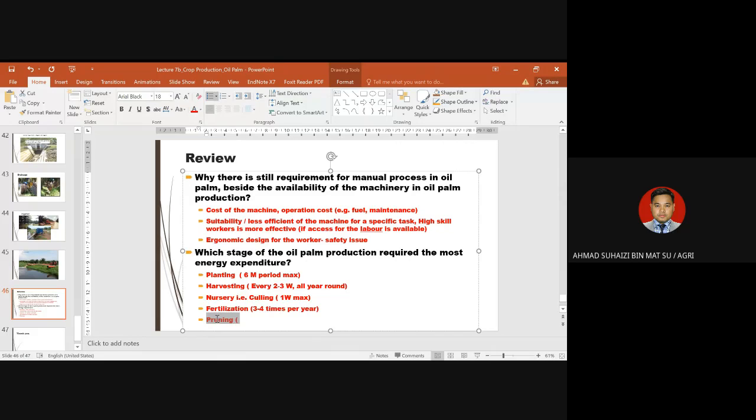So I'm going to put pruning here. Obviously, the most tedious work is this one. Why? Because the time factor here is frequency. The energy here can be categorized into several types of energy. Can you name them?